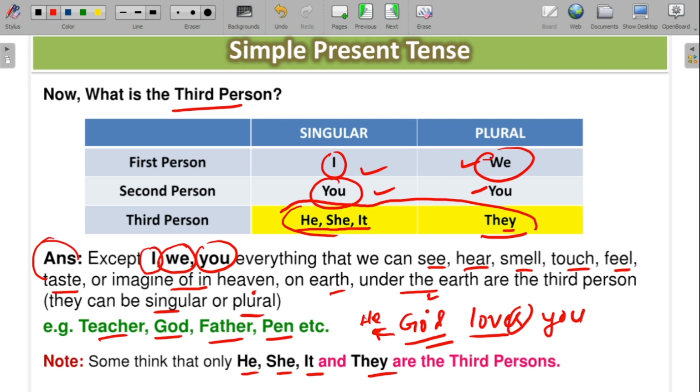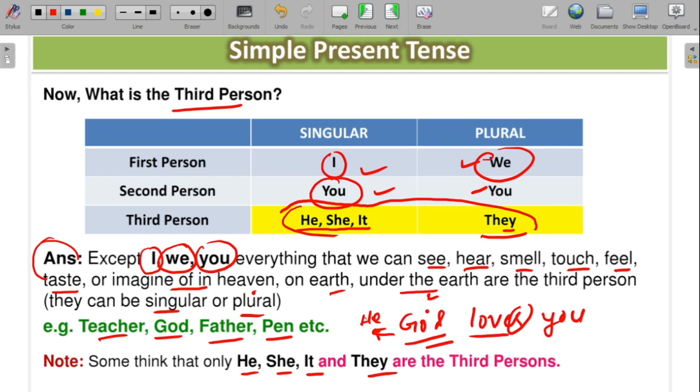Simple present tense has only a little bit of difficulty when we learn it. Sometimes people speak incorrectly, like he go to school, they goes to school, you doesn't know, I doesn't know, he don't know. When we say he don't know, that is grammatically wrong. We should say he doesn't know, she doesn't know, I don't know, they don't know, you don't know.